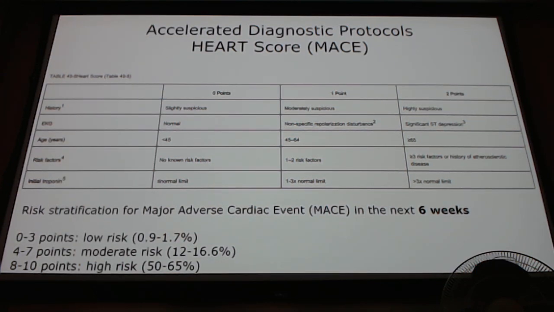Then we evaluate the troponin and how many times the upper limit of normal it is. And then we risk stratify them, for whether we think they're going to have an acute cardiac event in the next 6 weeks. So the important part is what the points at the bottom mean. 0 to 3 is low risk, less than 2% chance that they're going to have an acute coronary syndrome in the next 6 weeks.